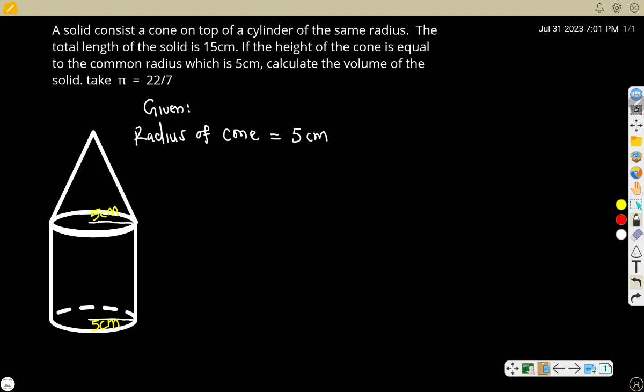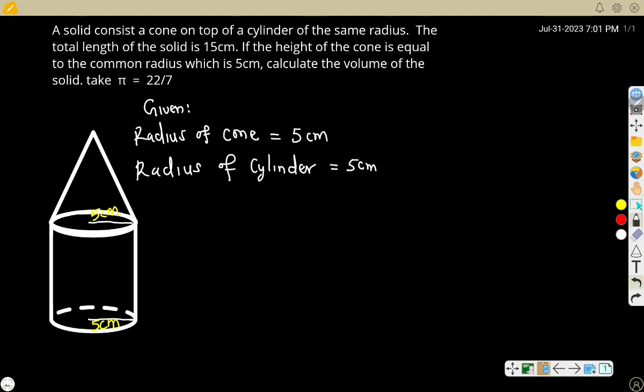That means their common radius is 5. So radius of cone is 5, radius of cylinder is also 5 centimeter, as given.